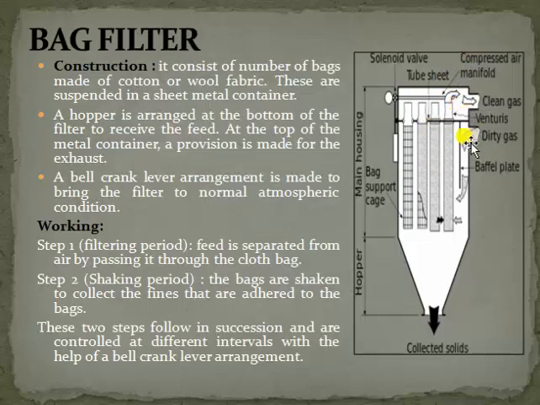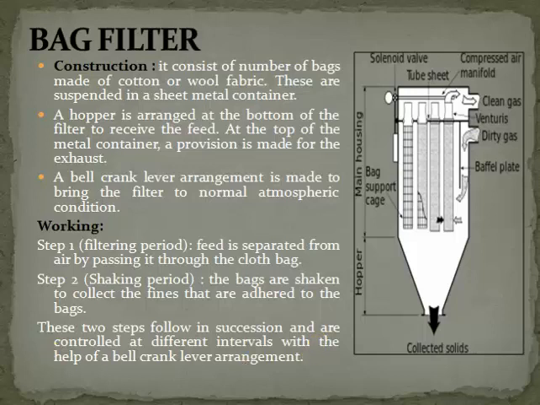Now after collecting the dust, the next step is followed by vibration, or shaking movement. The bags are shaken to collect the fines that are adhered to the bags. Due to this shaking movement, the solid particles are collected from the bottom side of the equipment. So these two steps, suction and shaking, are controlled at different intervals with the help of the bell crank lever arrangement.